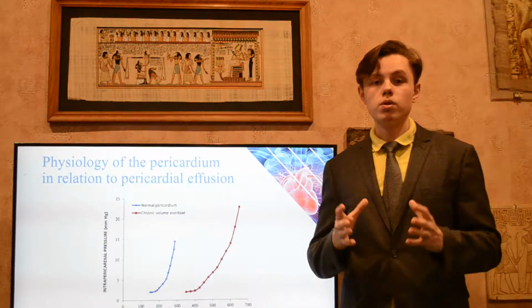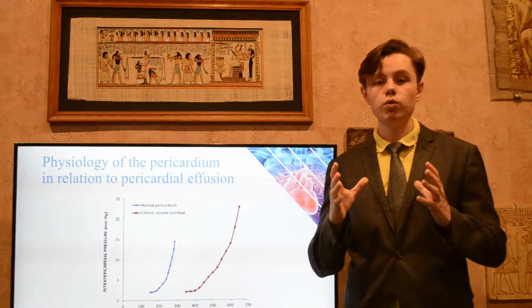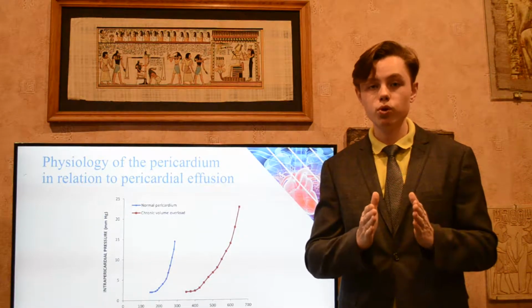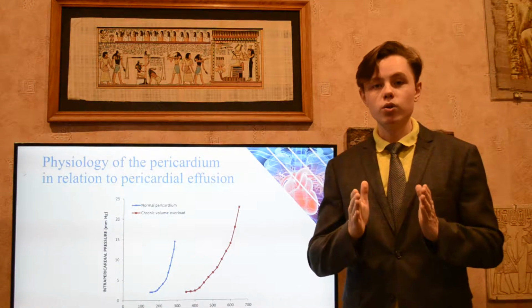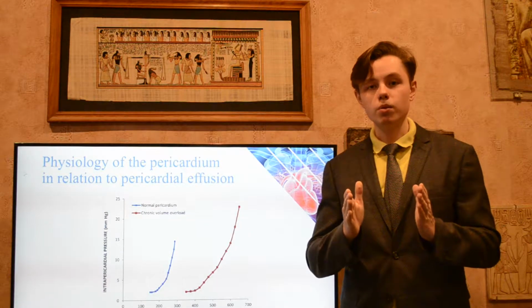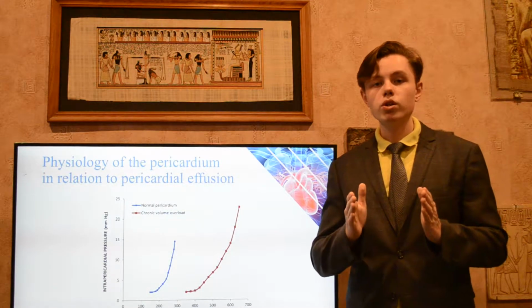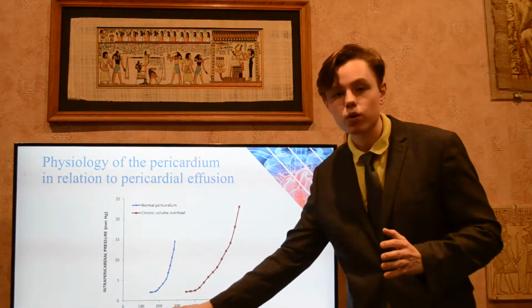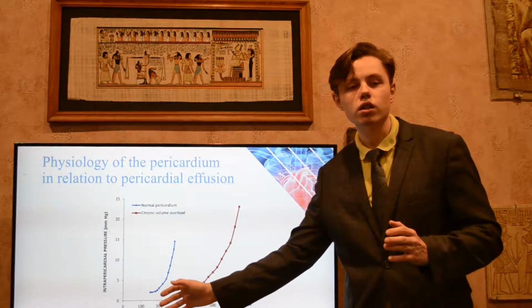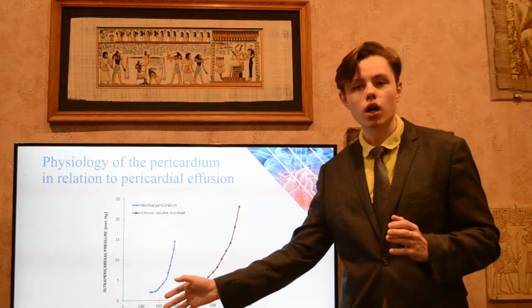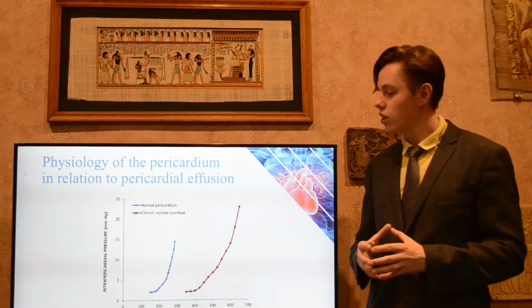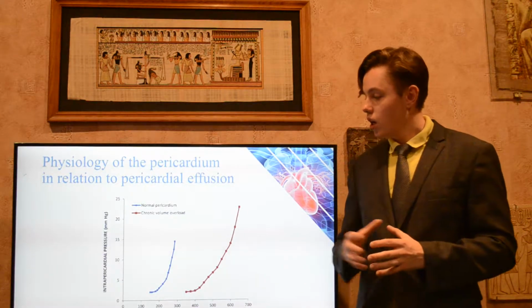When the accumulation of fluid inside the pericardial cavity happens during a short period of time, an acute condition can develop. It can be provoked even with small amounts of fluid, about 100 up to 200 milliliters. You can see it here on this slide.